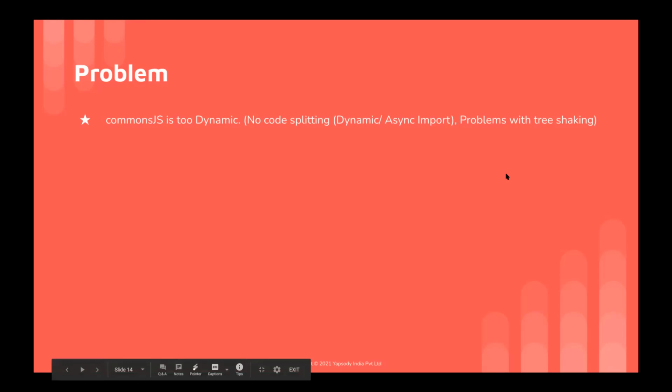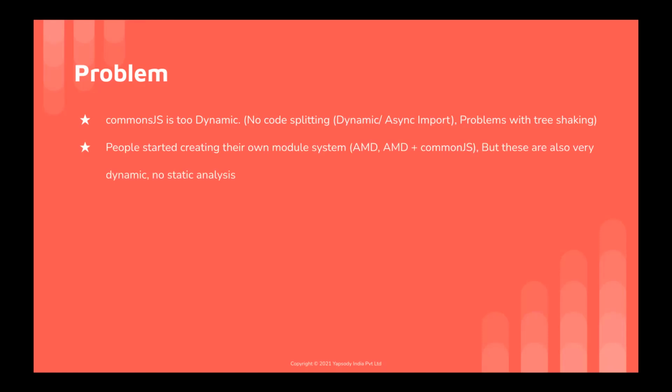Okay, so CommonJS is too dynamic, as we saw, and so people started creating their own module systems, like AMD and AMD plus CommonJS. But those were also highly dynamic and did not have static analysis. There was no single specification on how a module system should work.